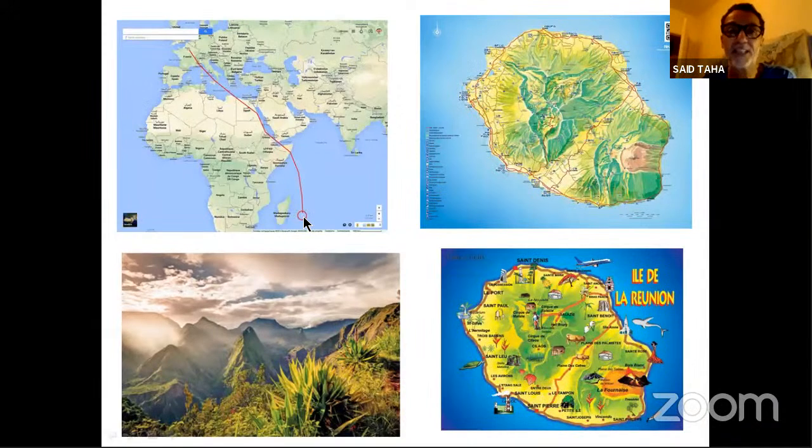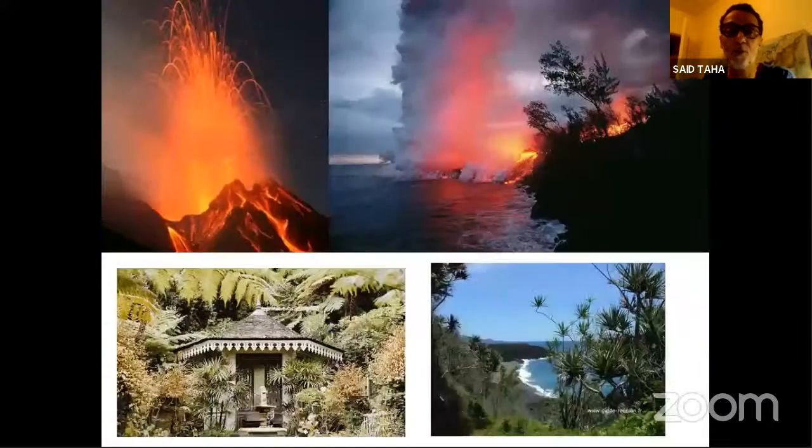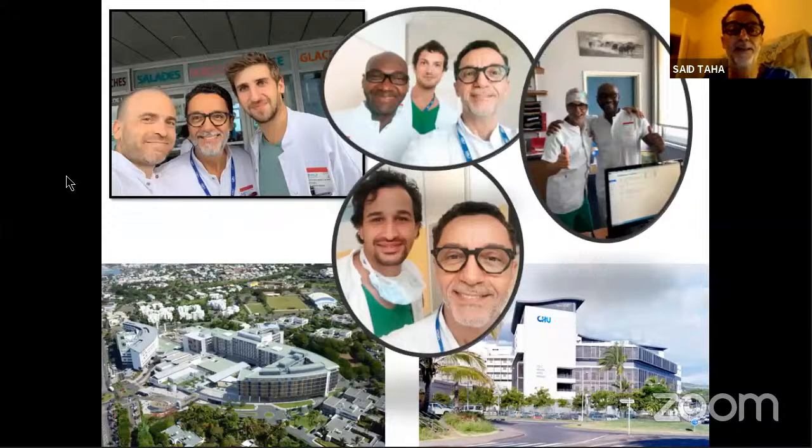Just for those who were not here, this is my hospital, and this is my team. This is Sebastian, Guillaume, Mohamed, our resident, Carl, with Thibaut. I'm glad to work with them.